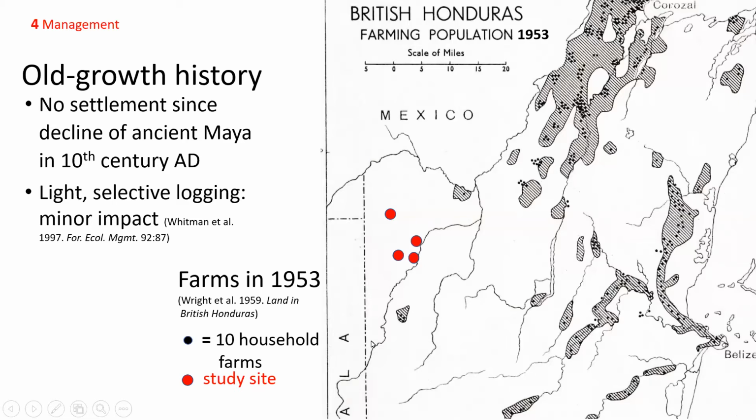He mapped all the farms and farming area in 1953, I guess it was. And the crosshatched areas indicate where there was farming, and the dots indicate the number of farming household farms. Here's 4 for this huge area. So the bulk of this area in 1950, but the historical records indicate going back to 950, has been in forest.